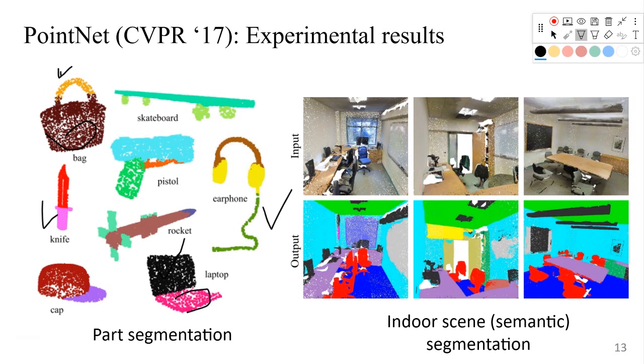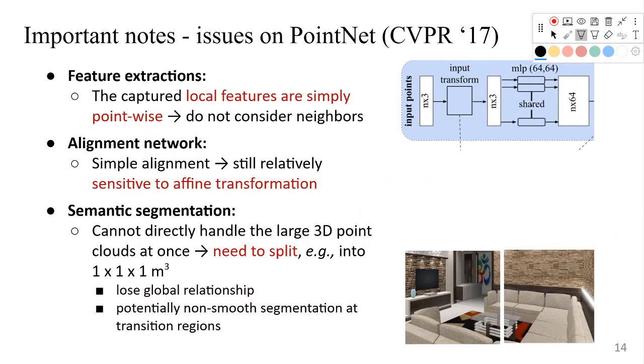And for the indoor scene semantic segmentation, we have the point cloud of this indoor scene. We can see that the corresponding points are well segmented. This is the wall, this is the floor, this is the chair, and so on and so forth. I think that's it.